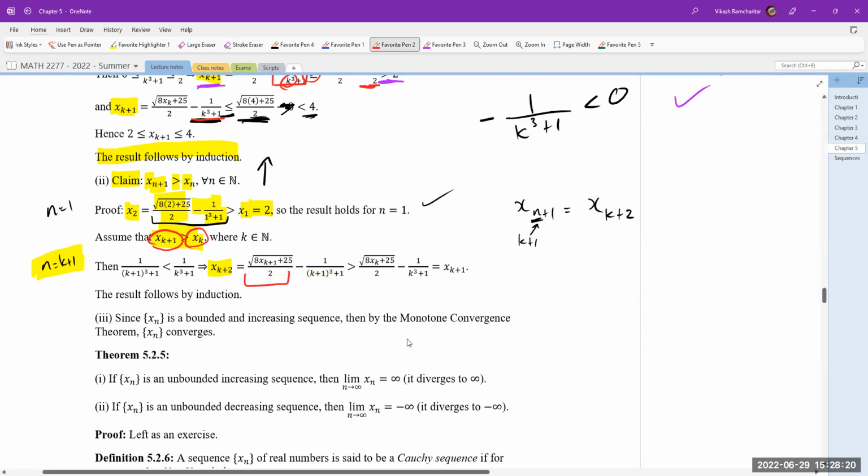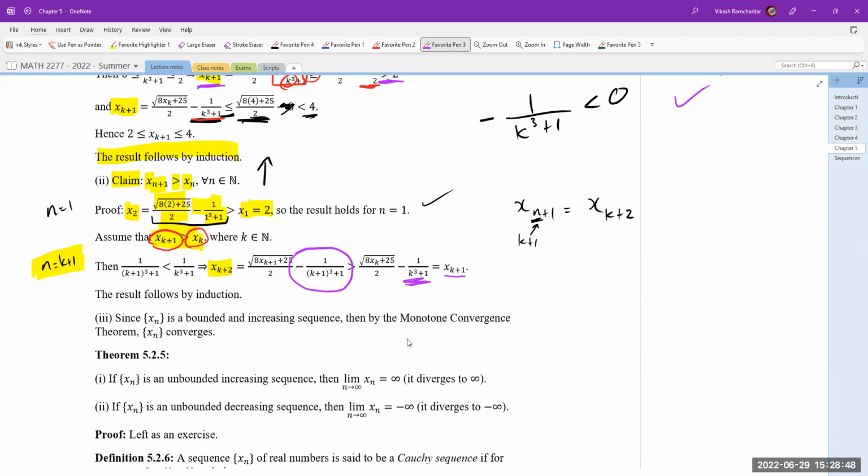So this guy is bigger than this guy. Now what we need to do is find a bound for the remaining piece, this term. What is this term bigger than? Well, I already know what I need to end up with over here because my aim is to get x(k+1). So I know what this term is going to be. I just need to convince myself that this is true.